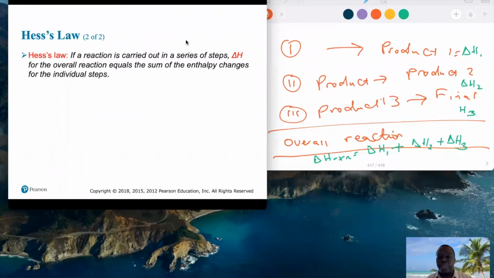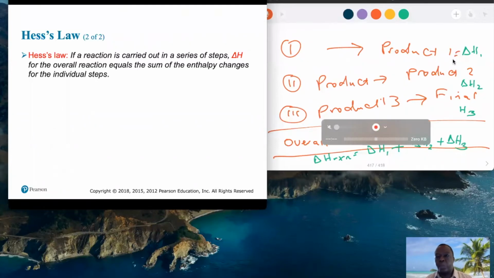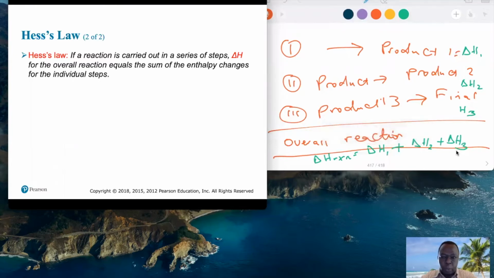You will be given the thermochemical equation for equation 1, for equation 2, for equation 3. And for the overall, it will be the sum of all these enthalpies. This is what we call Hess's law.